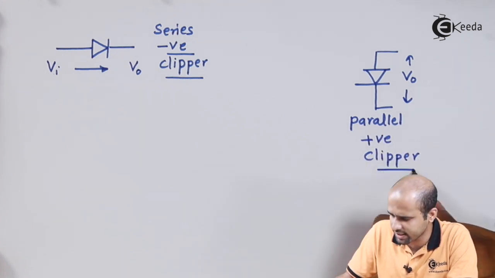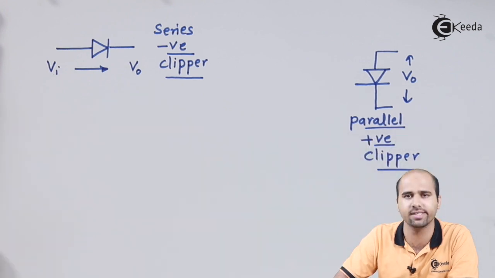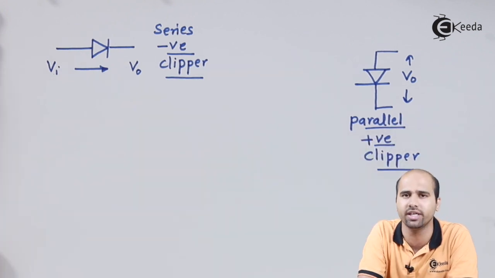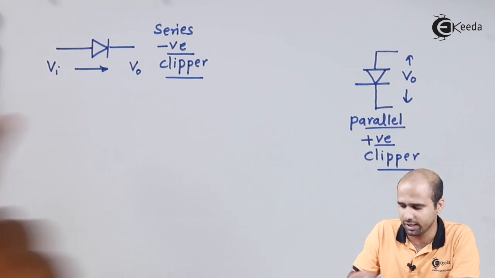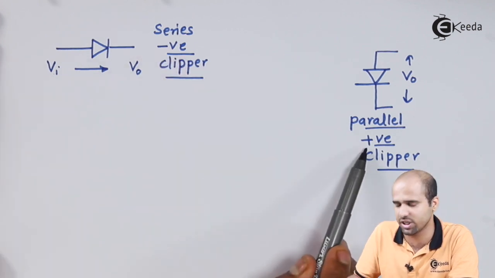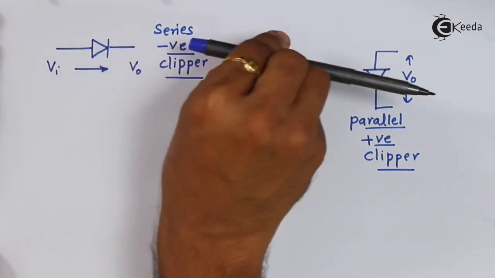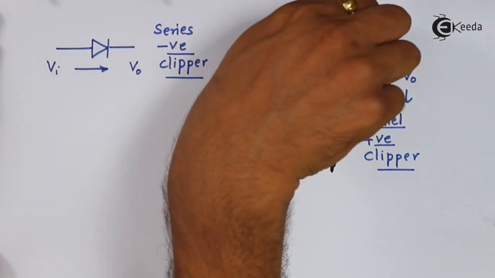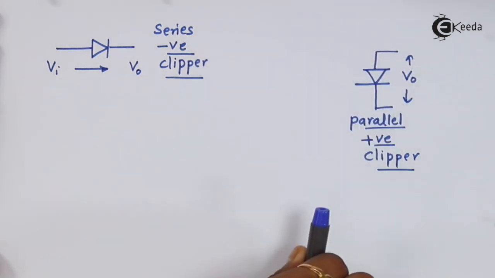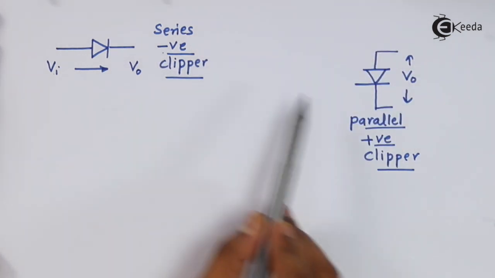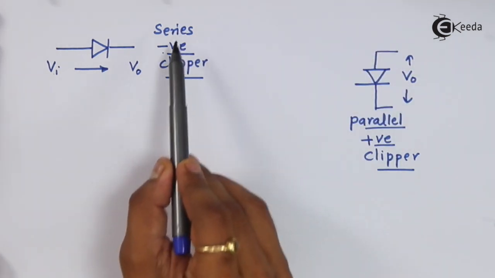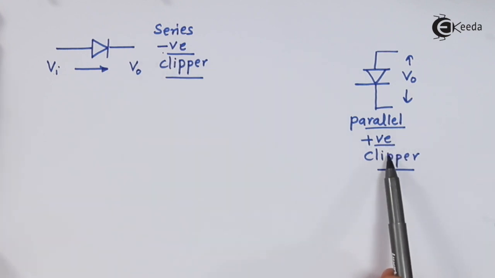If you understand these two circuits, then just change the orientation of the diode and you will get negative from positive and positive from negative. Just take this direction from input to output and change the direction 90 degrees downward, then negative converts into positive: series negative, parallel positive. Just keep this in mind and you will get all the types of circuits in the clipper circuit.